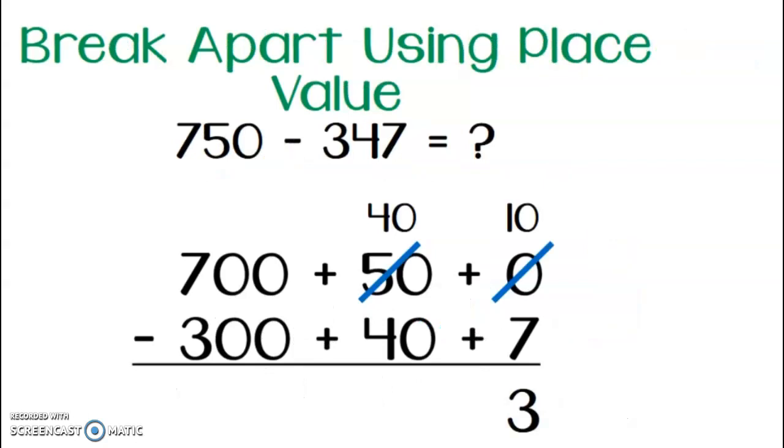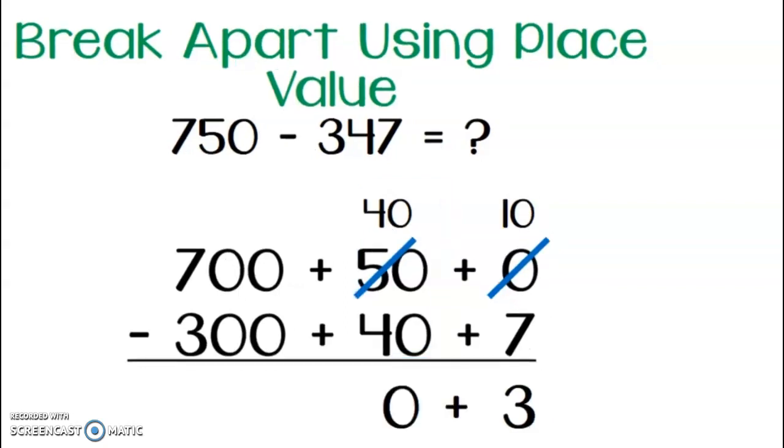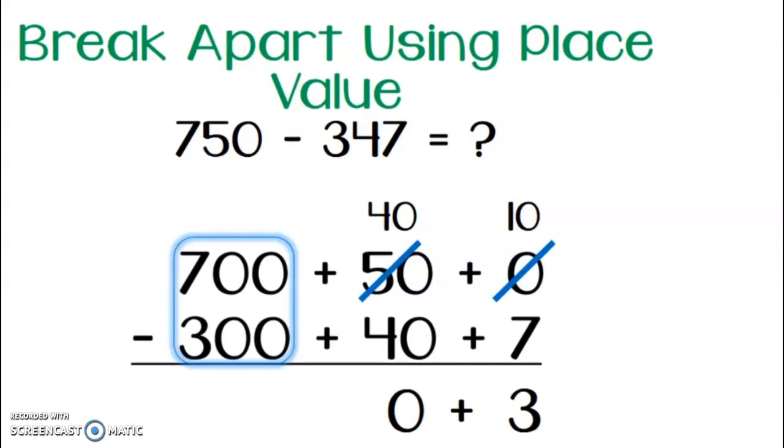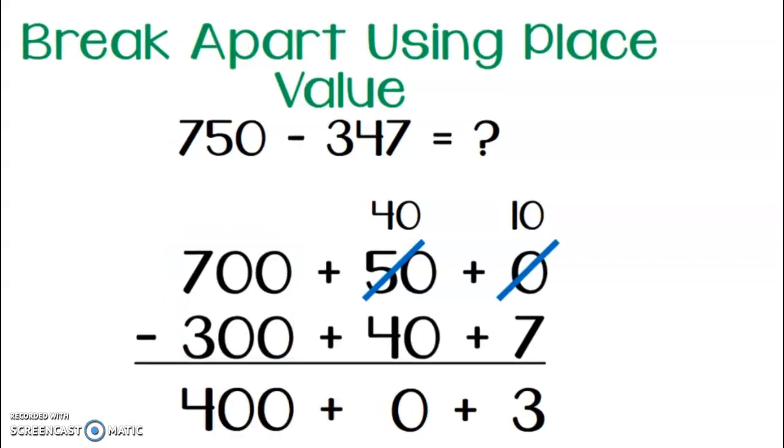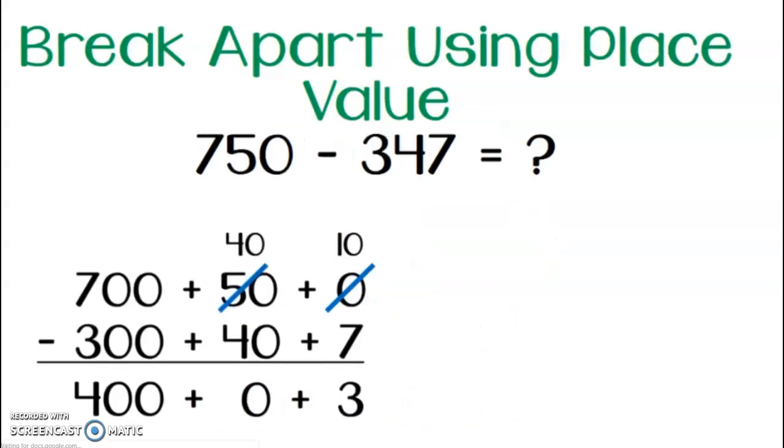I can subtract 40 from 40, giving me 0. And I can also subtract 300 from 700, giving me 400. I'm going to take this horizontal equation and rewrite it into a vertical equation so I can put my number back together.